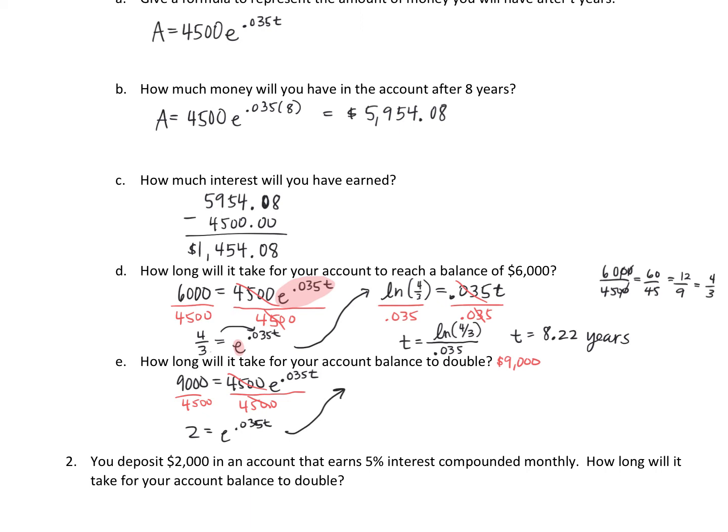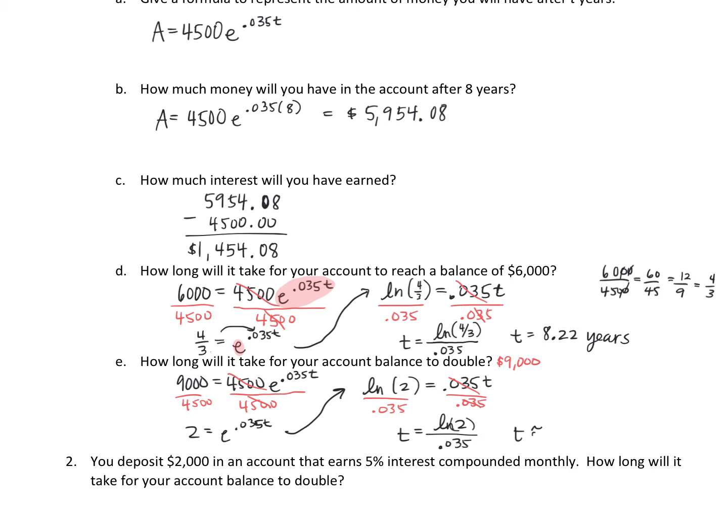We will now rewrite in log form. So log base e of 2 is equal to 0.035t. We will divide by 0.035. So we will get t is natural log of 2 over 0.035.